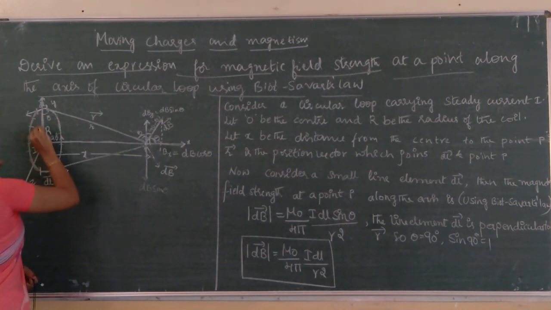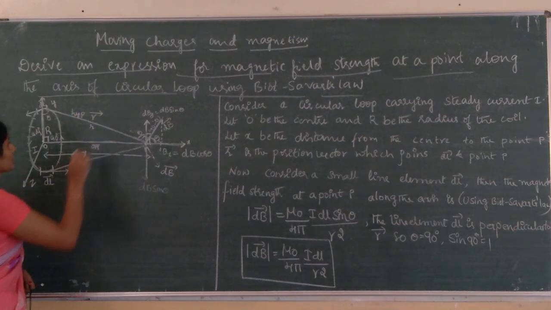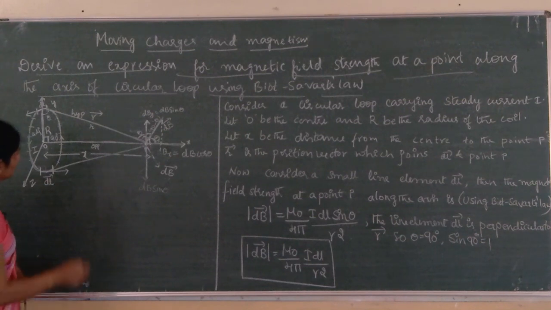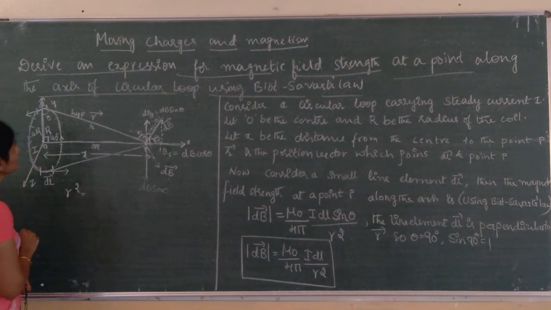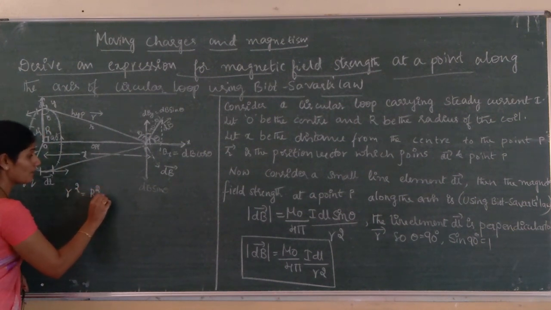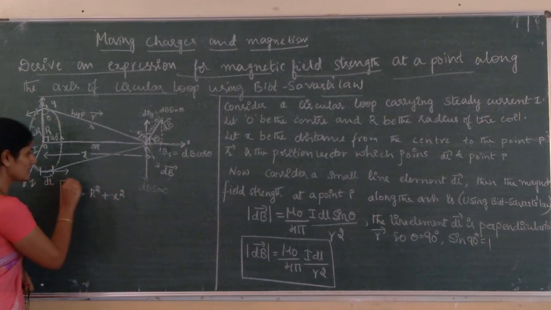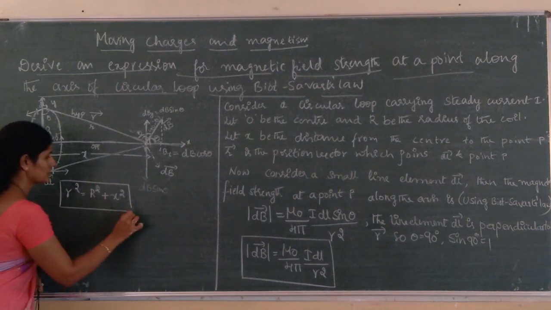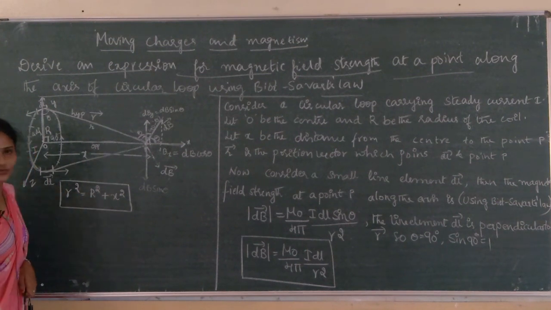So, square of the hypotenuse, that is r square, is equal to the sum of squares of the other two sides, x square plus R square.